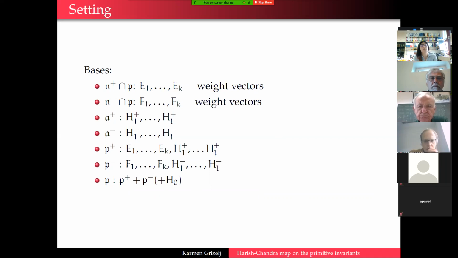Then, about this Cartan part, there will be a slight difference between the even dimensional and odd dimensional case, as I mentioned. So if P is even dimensional, then A will be even dimensional as well. And if P is odd dimensional, A will be odd dimensional as well.